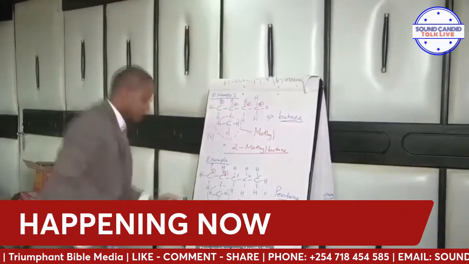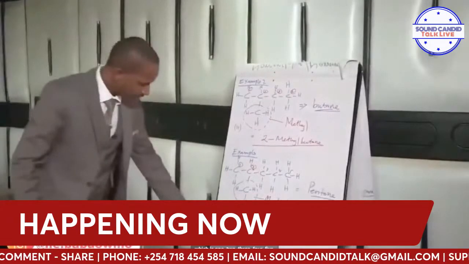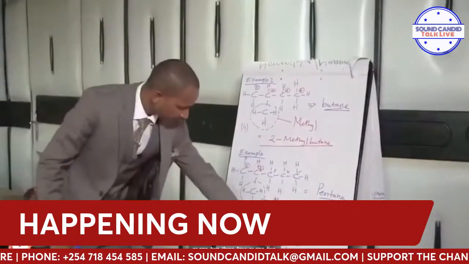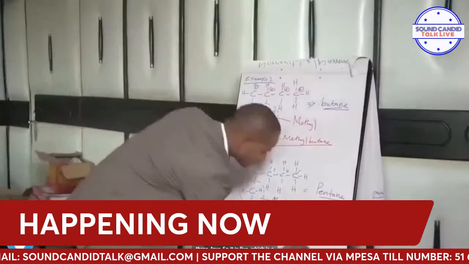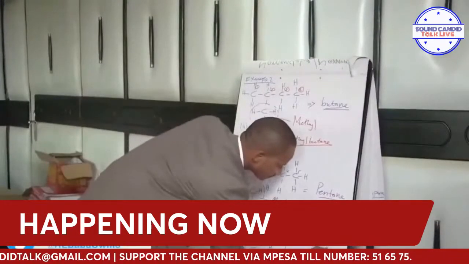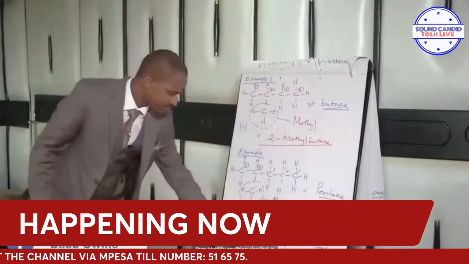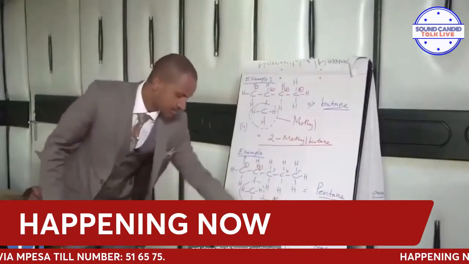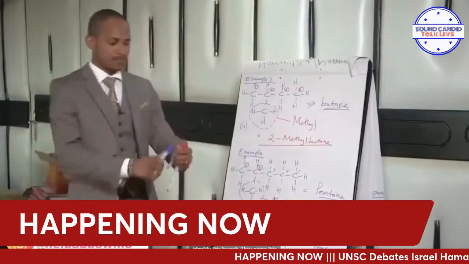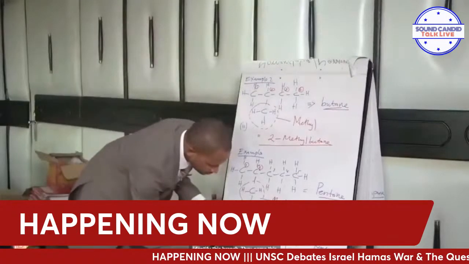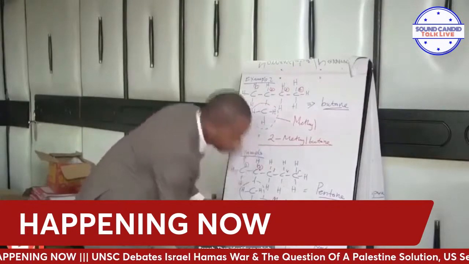Step number 1, identify the longest continuous carbon chain, which is 1, 2, 3, 4, 5. So it is 5, which is a pentane. Then identify anything else that is not along the longest continuous carbon chain, it is a branch. So identify this branch. Then name this branch. The branch is a methyl branch.